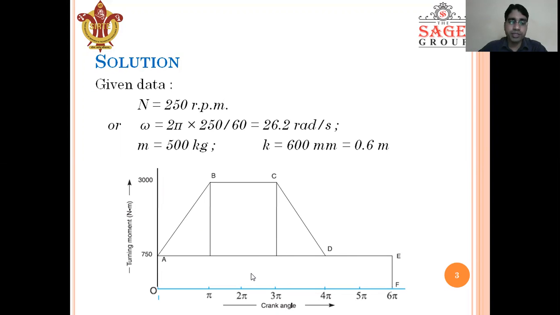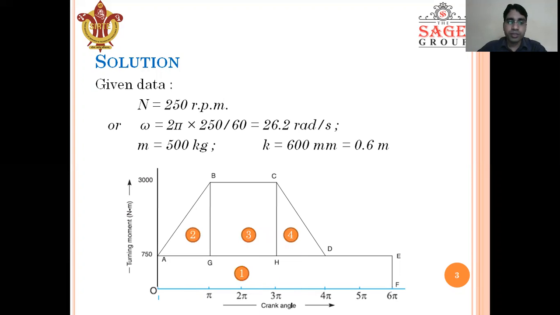Here you can see this is the first rectangle, the second triangle, the third rectangle, and the fourth triangle. Now we can easily calculate the total area on the basis of these rectangles and triangles. We have to calculate the separate areas of these rectangles and triangles and add all the areas, so that we will have the value of the total area under the curve. So these are area numbers 1, 2, 3, and 4.